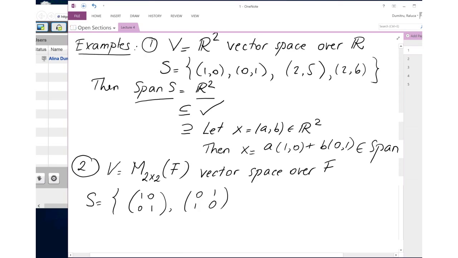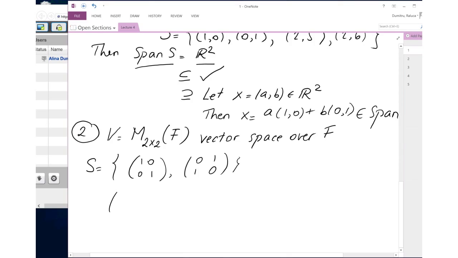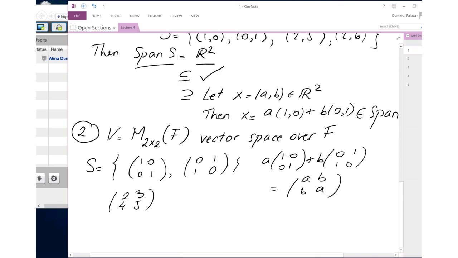Well, to answer this kind of question, tell me how you would generate this. Just no way, because from that set S that you gave me, all I can generate is something like this. Correct? Which is a matrix that looks like this. And that's definitely not all the possibilities in matrices 2 by 2. Okay, so we need another set.